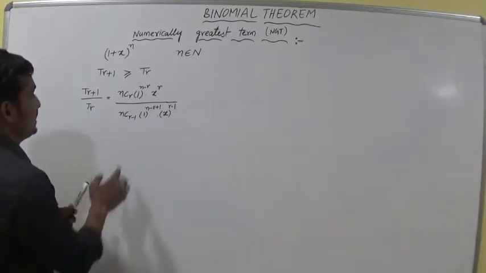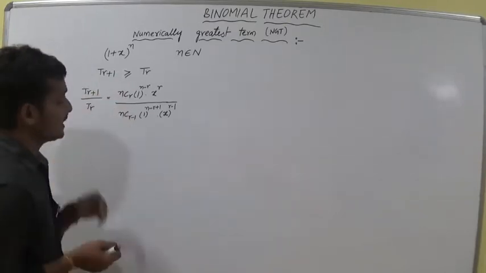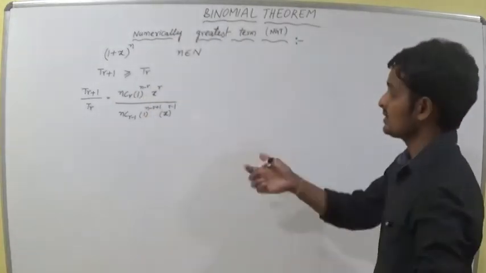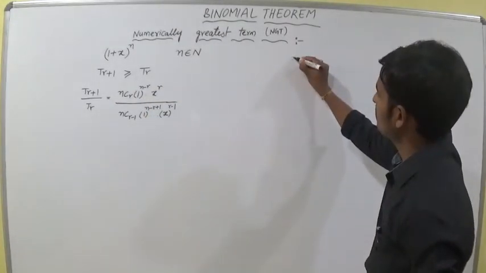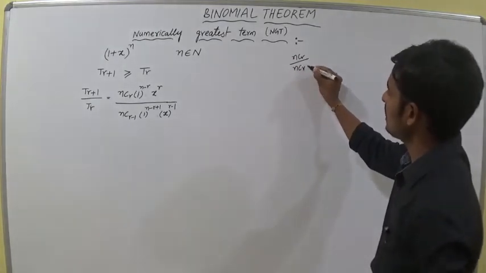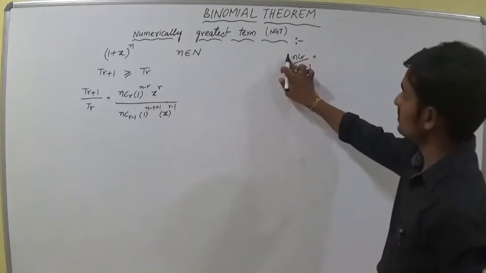So we are writing nCr by nC(r minus 1). If you simplify nCr by nC(r minus 1), what will you get? We have discussed this in the last class, so I am explaining again. Write the formula for nCr.